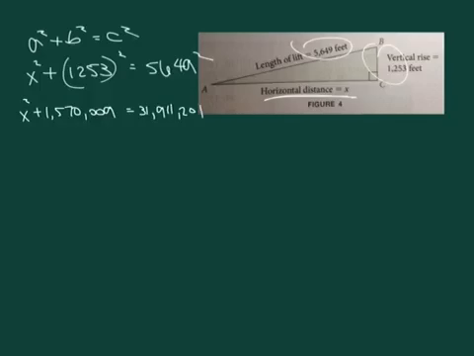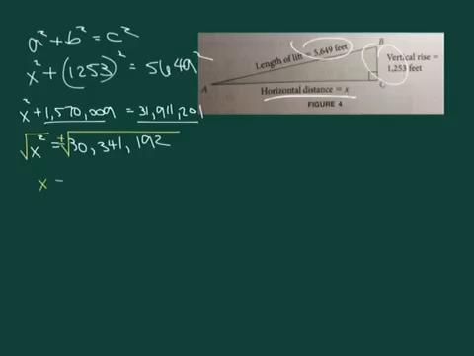Awful stinking big numbers. Subtract that from both sides, and we get x squared equals 30,341,192. Now we take square root, and that's plus or minus, right?